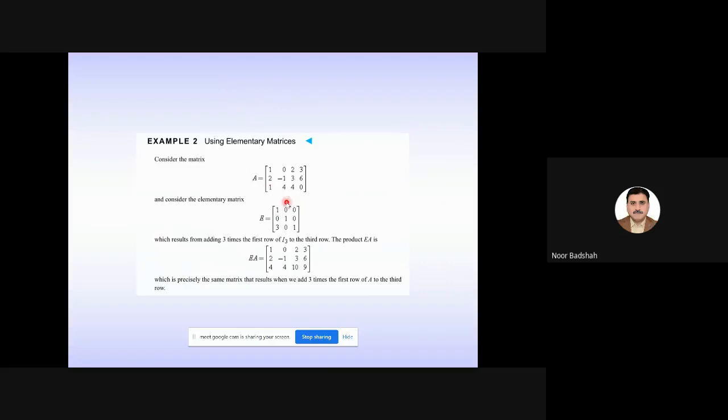If you multiply this matrix with A, you will get exactly the same operation in matrix A as well. That is row number 3 plus 3 times row number 1. This matrix E results from adding 3 times the first row of I3 to the third row, and this product is doing the same thing. It gives the same matrix that results when we add 3 times the first row of A to the third row.